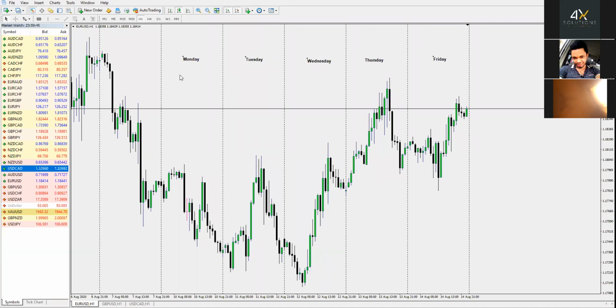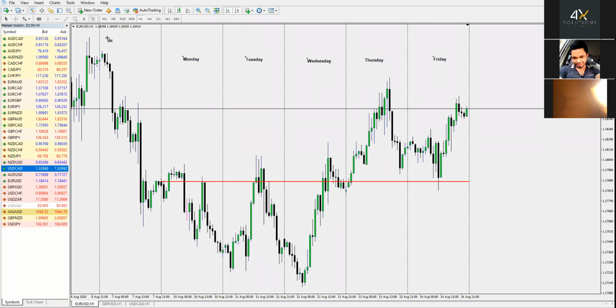So if we look here on a Monday, so this is the market open on a Monday over here. Now, when the market opens, all we need to do is for 5 days, we draw a line over here, okay? And this line will represent the weekly open, the weekly opening candle for the week.